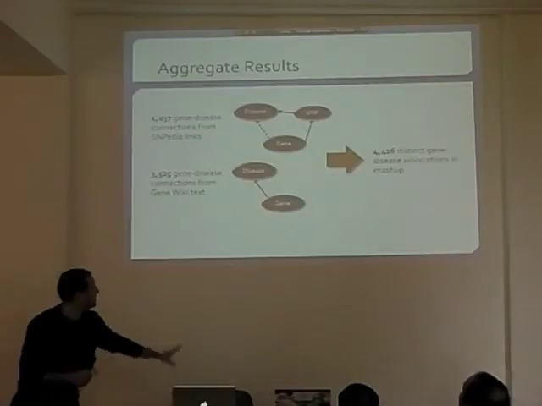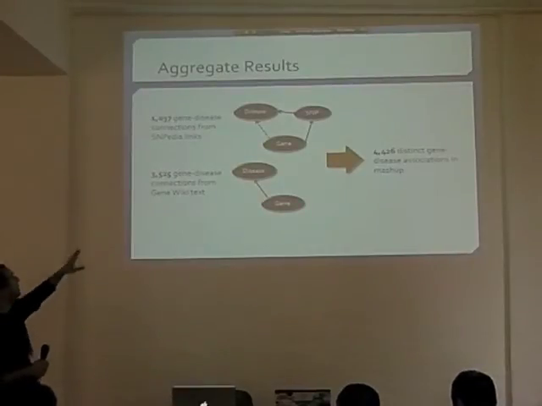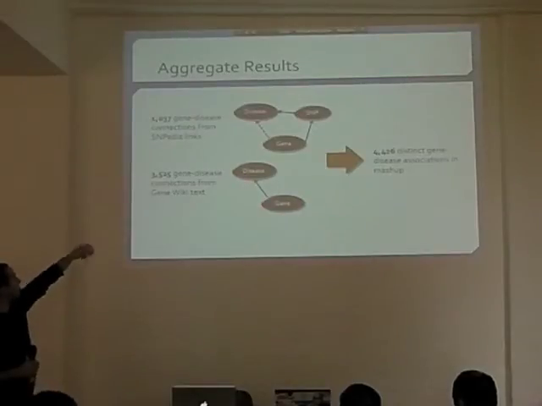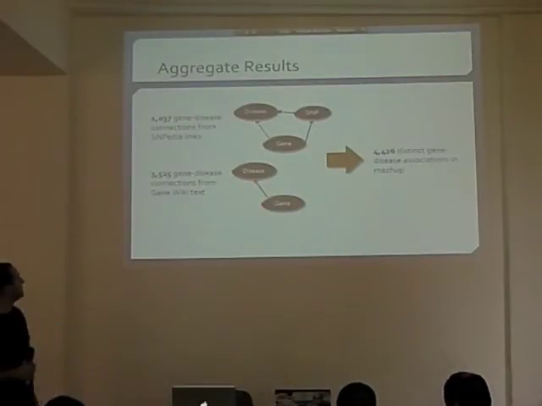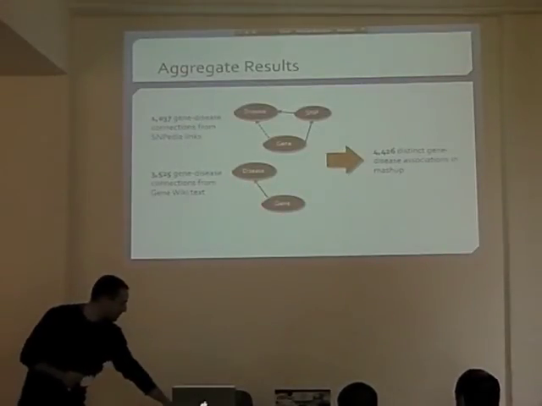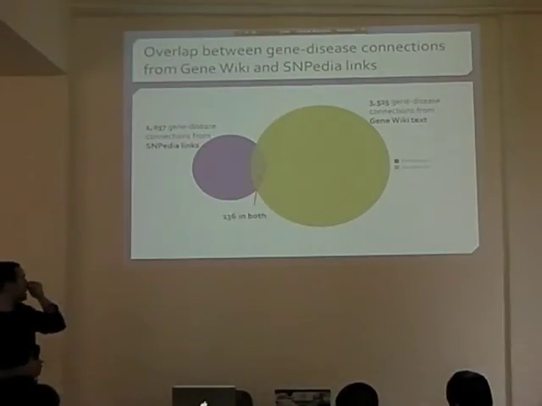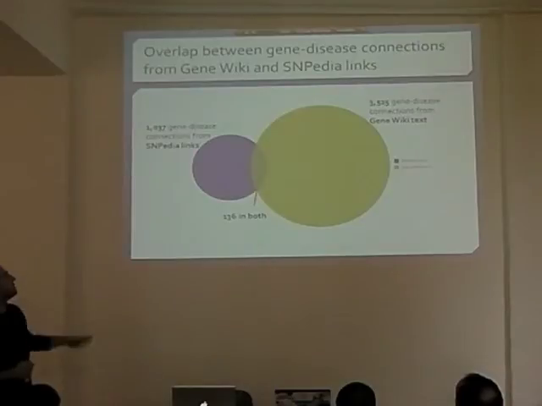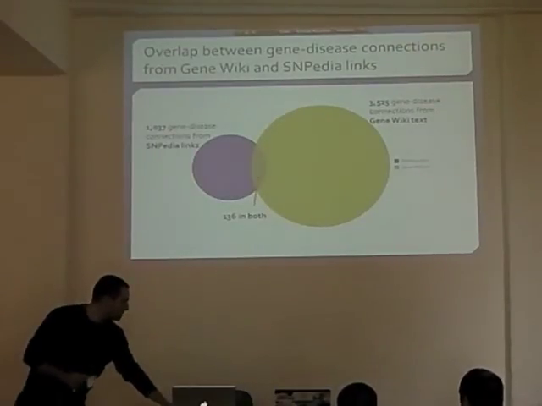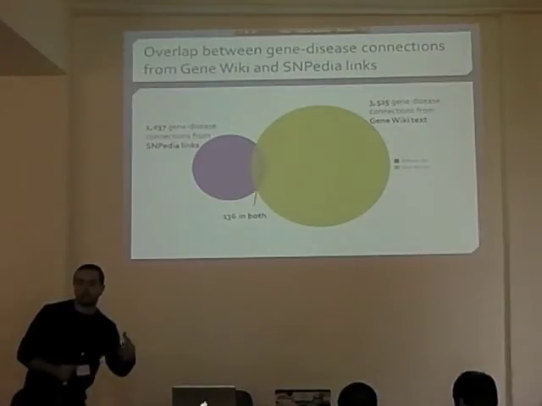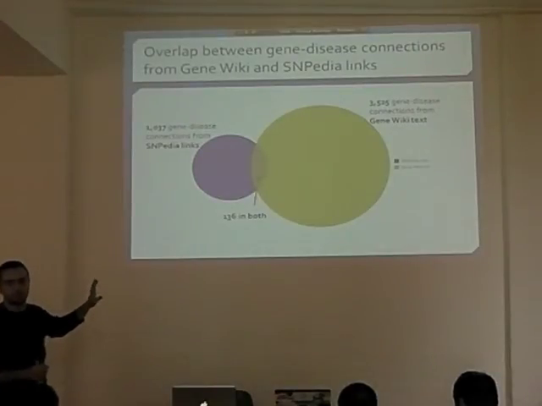Okay, so just a few numbers and I'm done. Out of 1,000 gene-disease associations in SNPedia and 3,000 from GeneWiki text, we got this body of gene-disease relationships. And you can see there is very little overlap across them. So we thought that was related to the way we were uncovering the associations, which was different.